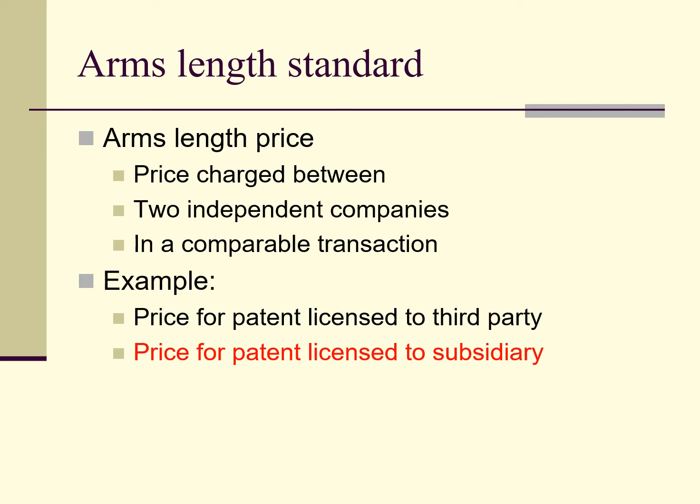Now, assume that US Co. forms a subsidiary corporation, Company Y, to operate an online service that incorporates the same technology. It licenses the patent to Company Y on exactly the same terms as it licensed the technology to Company X.